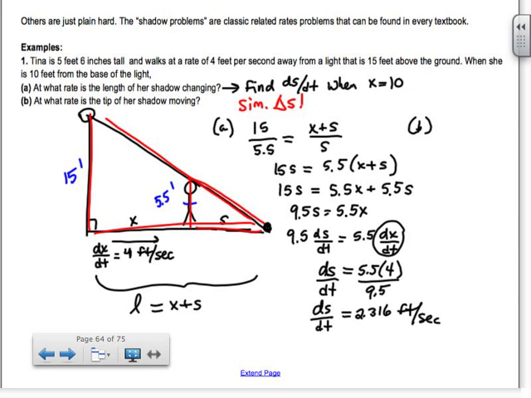So what we're doing is we're really thinking of this whole distance as L. Sometimes you use a capital D. So we're really finding dL over dt, the rate that the whole length is changing.